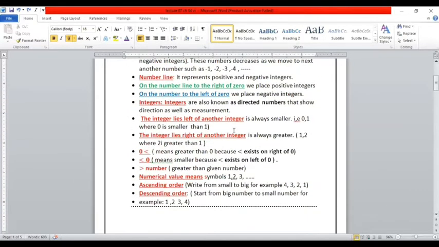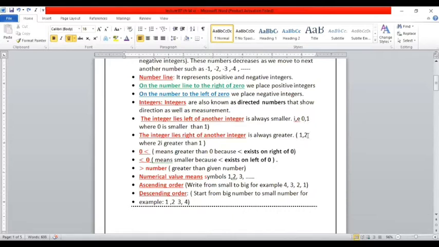Dear students, here are certain important points I have discussed. An integer lying to the left of another is smaller. Here the 0 and 1: the number on the left, which is 0, is smaller. So 0 is smaller than 1.